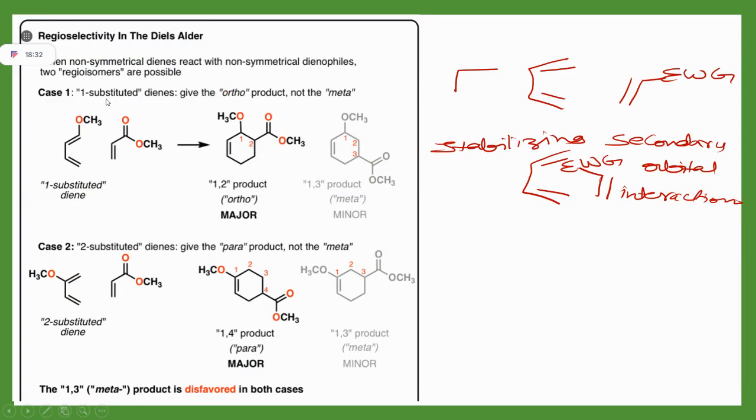We were discussing regioselectivity in Diels-Alder reaction. So first case is your substituted dienes. Either they will give ortho product or they will give meta product. So students, remember this.